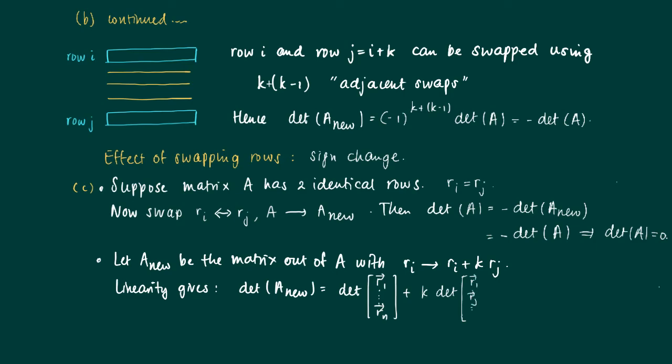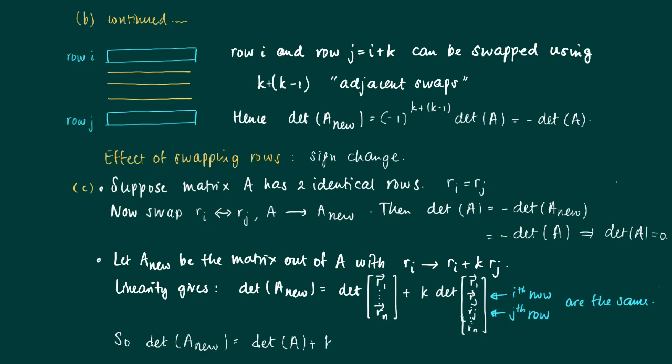So the ith row carries row j, which is the same as the jth row, and they are the same. Since a matrix with two equal rows has determinant 0, the determinant of the new matrix is just the determinant of the old matrix plus k times 0, which obviously equals the determinant of A. So there's no effect on the determinant if you add multiples of rows to others.